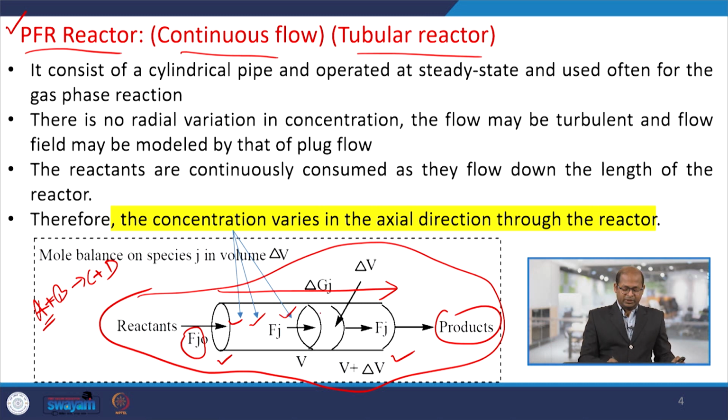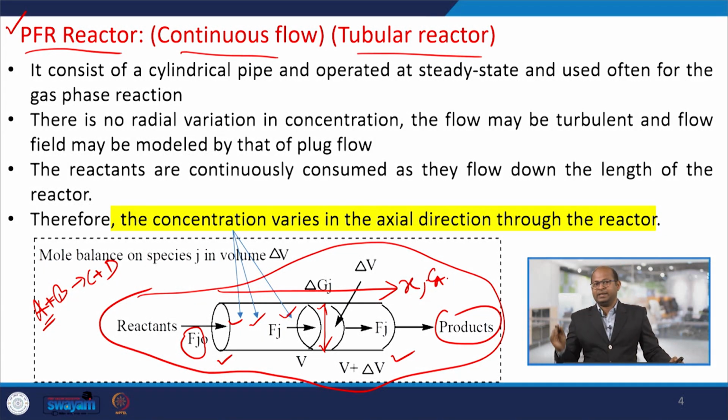But we are assuming that in the radial direction or radial position, everywhere there are no changes of concentration or conversion or rate along the radial direction, but in the axial direction, from left hand side to the right hand side, both conversion and concentration will vary.